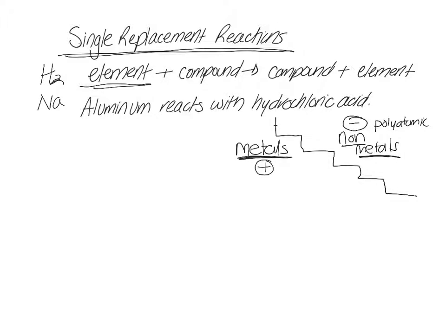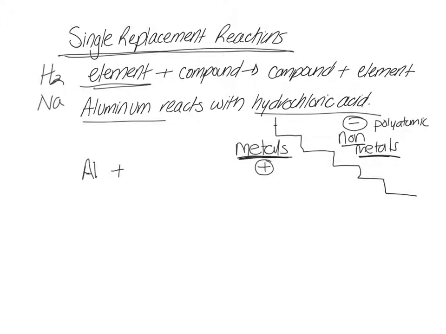So trying this one, for instance, aluminum reacts with hydrochloric acid. Aluminum would just be Al, again with no subscripts, so no little numbers, no charge at all, so it should just be Al. Hydrochloric acid is a very common acid, right?